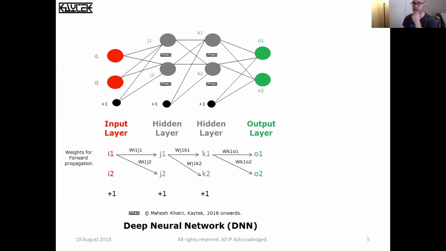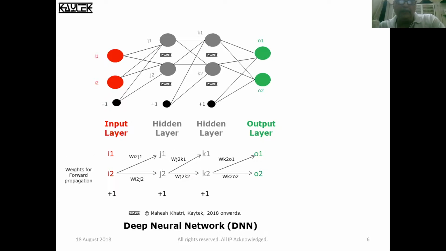The different weights. Just interestingly, there are 2 different perspectives. If I see the weight going from I1 to J1, some people use W_I1_J1 as the terminology, which I have used. Some people use the other way around. I thought this is simpler and more intuitive.